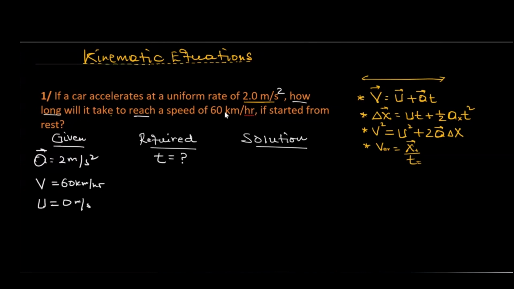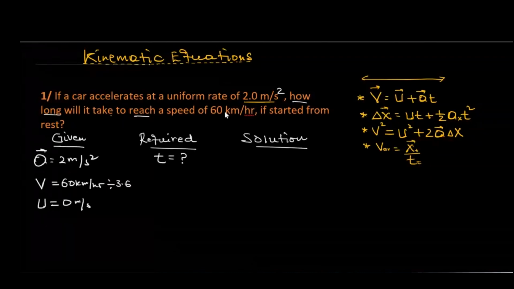So we have to convert this into SI units, into meters per second, because my acceleration is in meters per second squared. I cannot use two different units to solve the same problem. I don't want to go the long way to change kilometers per hour into meters per second. All you have to do is simply divide that number by 3.6.